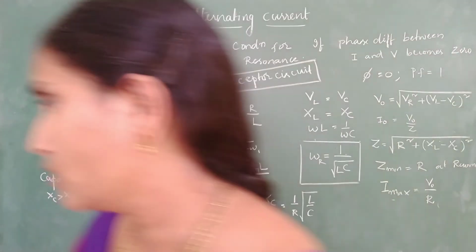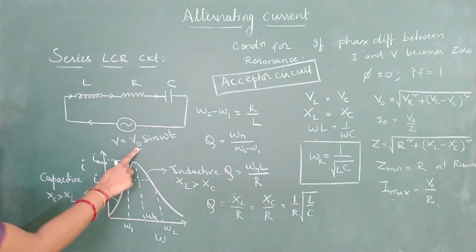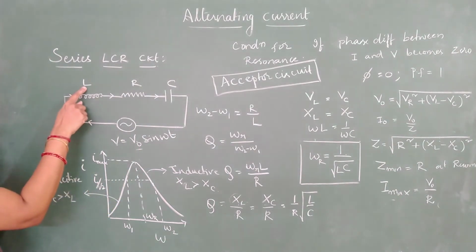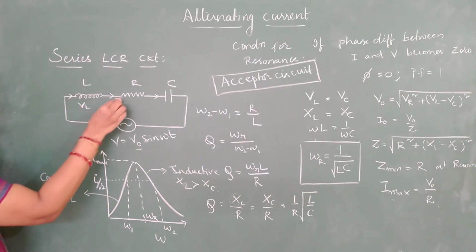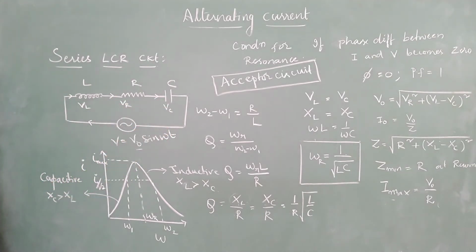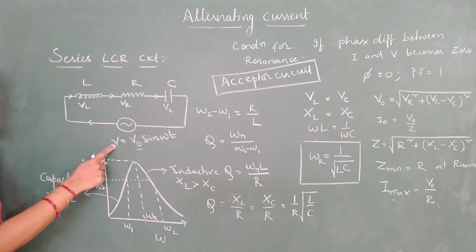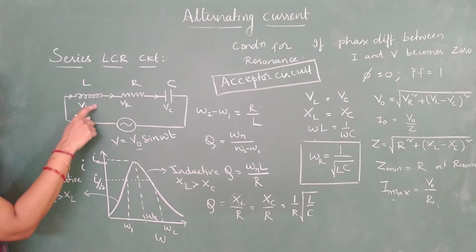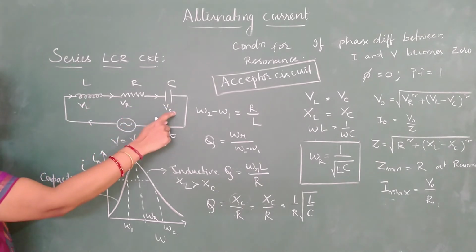Okay, when your applied voltage is V0, and I write the voltage across inductor as VL, VR and VC, and consider either the peak or RMS values, in a series LCR circuit it is possible to have voltage across inductor and capacitor greater than your applied voltage.